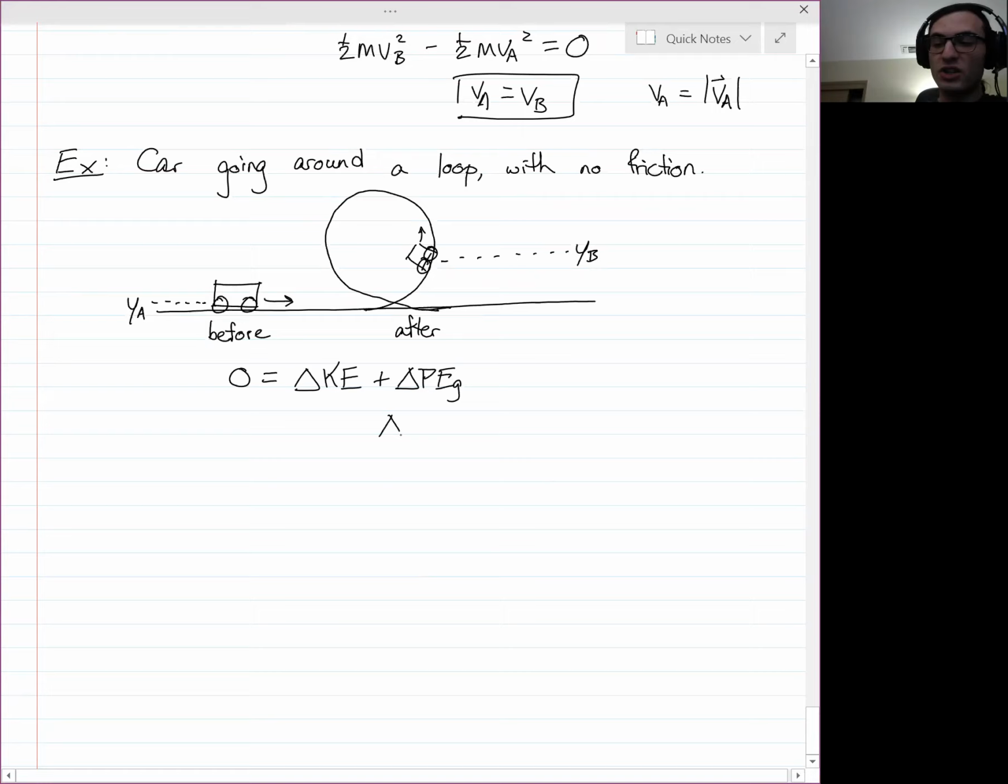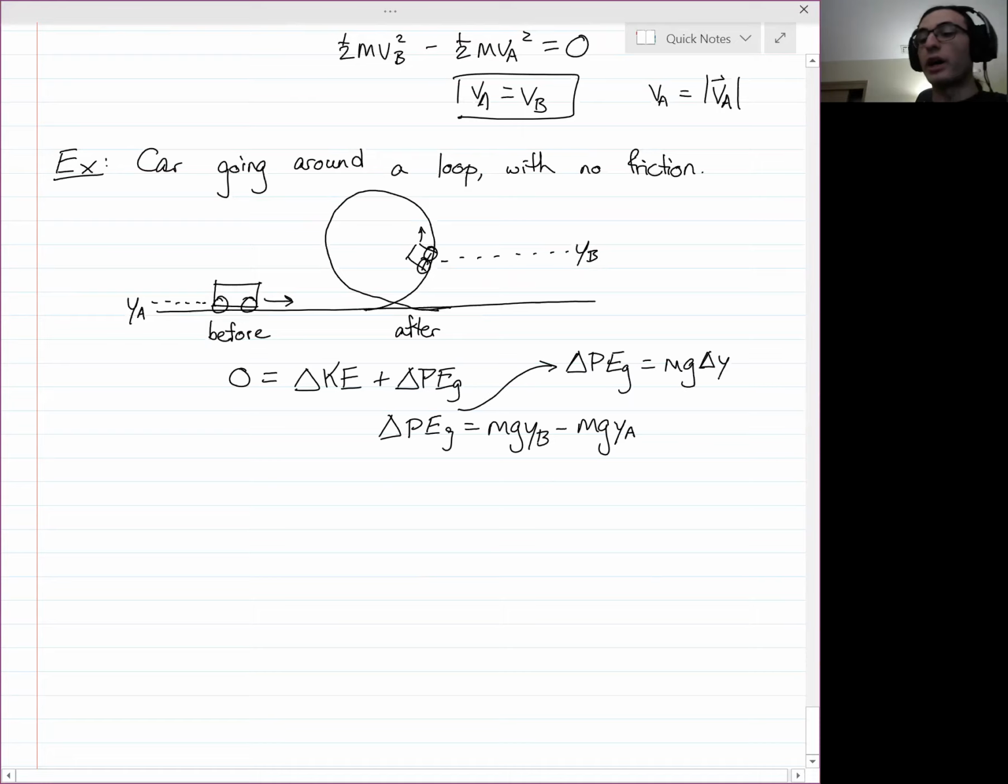And so the change in gravitational potential energy is just equal to mgyb minus mgya. It is just mg delta y, right? We can also write out the initial and final kinetic energies, right?